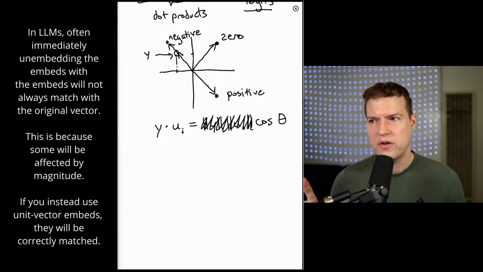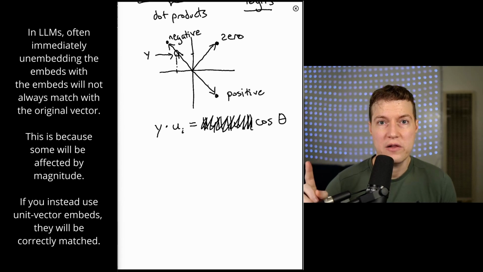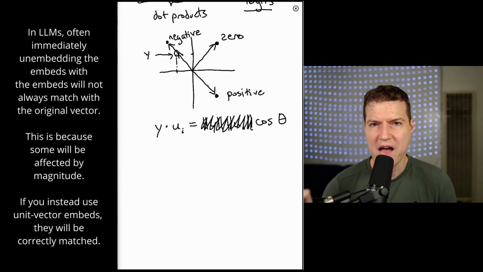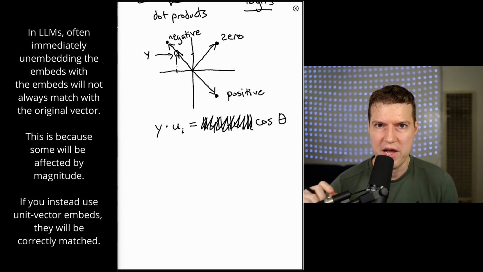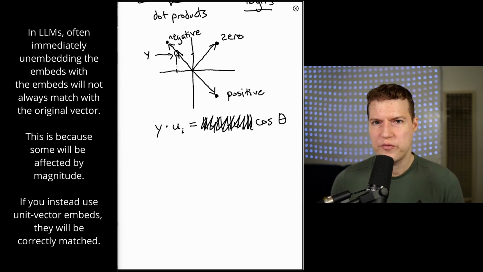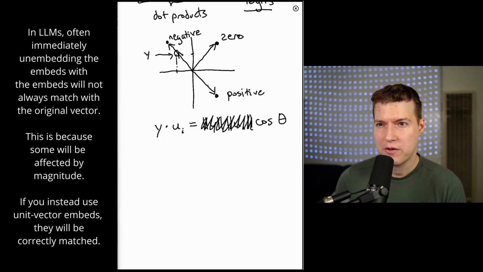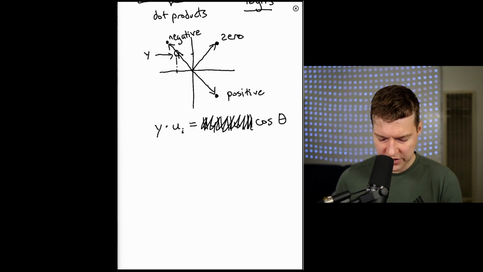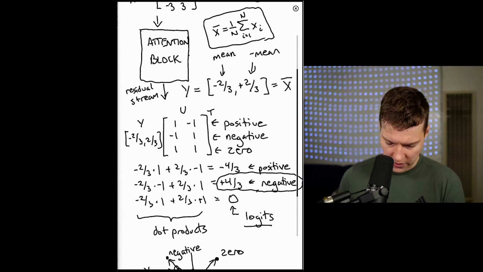But in LLMs, they're not exactly the angle because we don't normalize them, so their scores, their logits, are slightly dependent on the magnitude as well. So that's the intuition behind why these work.